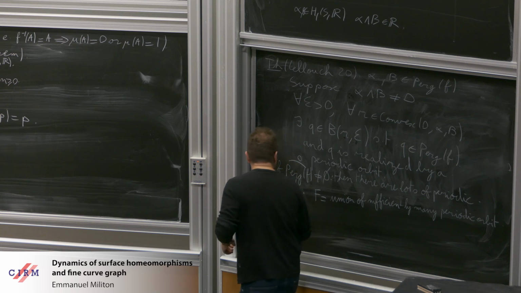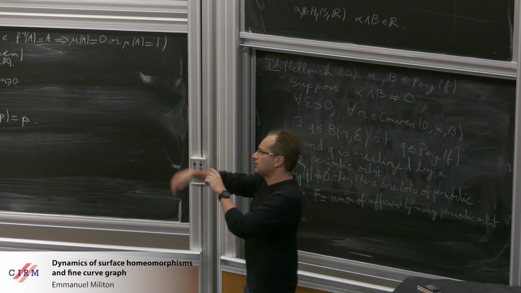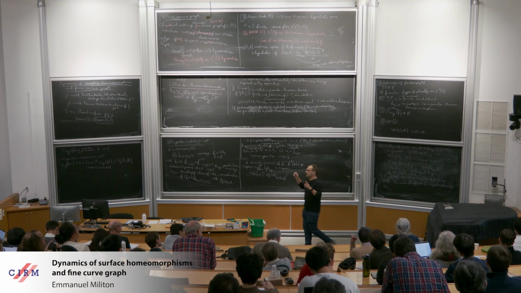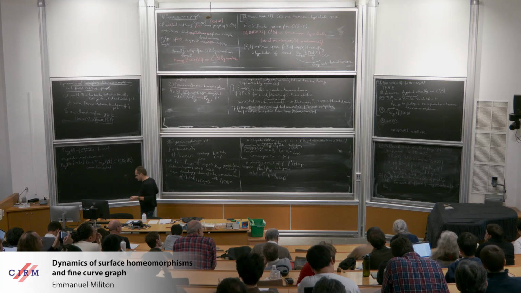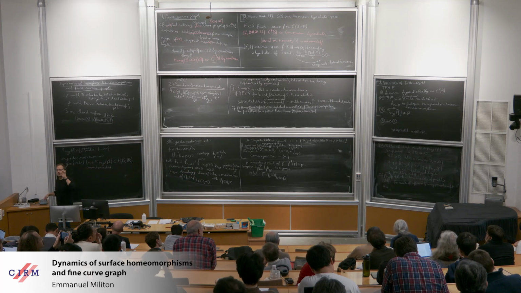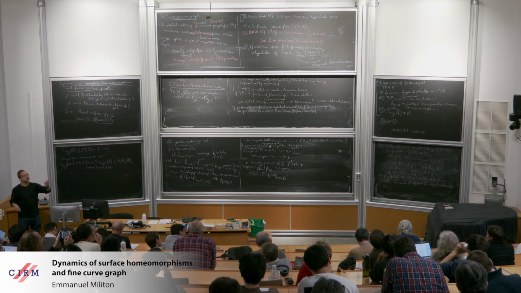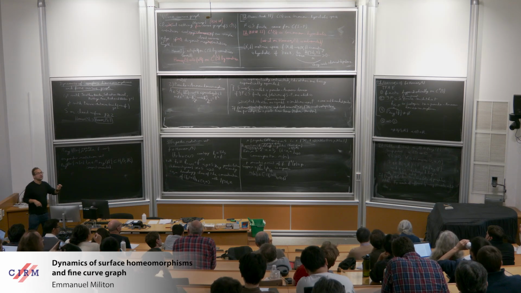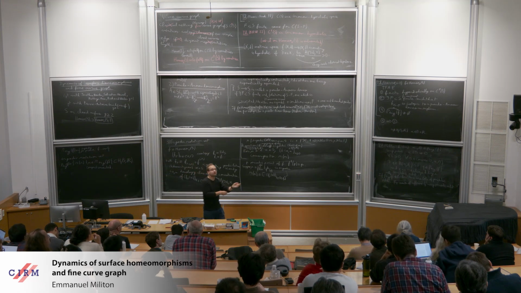Then it is not possible, as those periodic orbits are turning in every direction, for F to preserve, or any of its power to preserve the isotopic class of a curve. And so F has to be isotopic to a pseudo-Anosov relative to this subset.